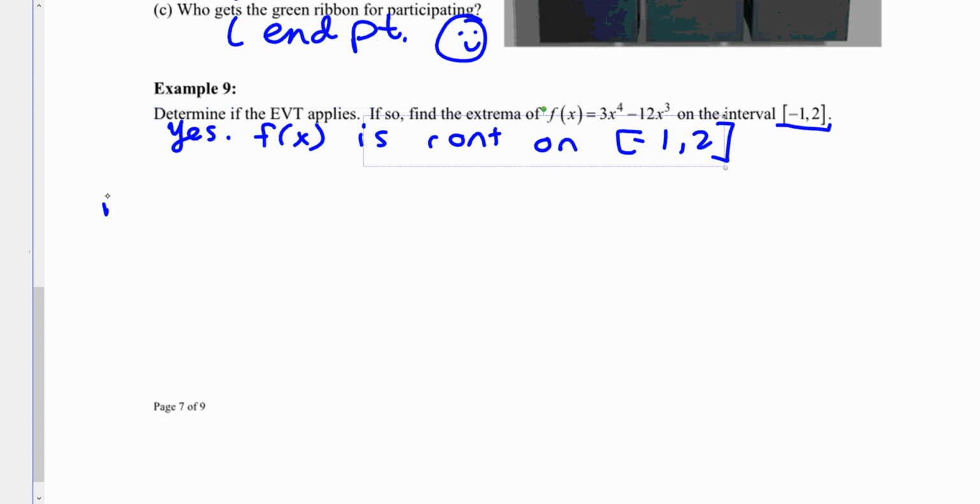The extrema can occur at the endpoints, so find them immediately.